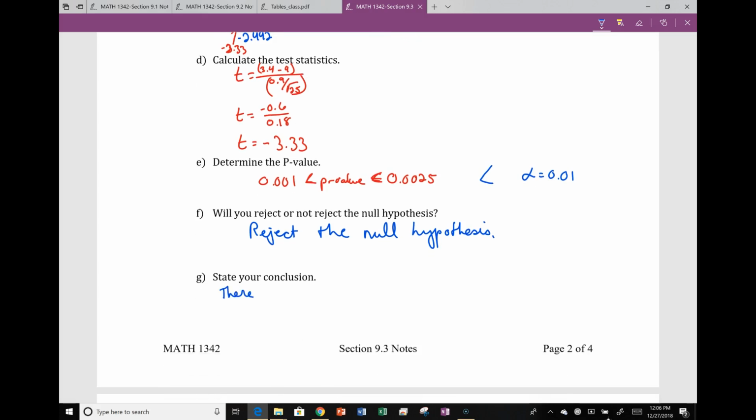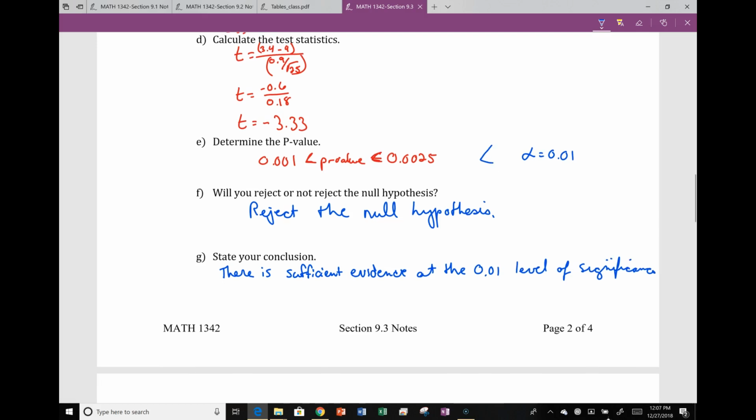So there is sufficient evidence at the 0.01 level of significance. And I like to put in the level of significance because at a different level of significance, it may or may not be true.